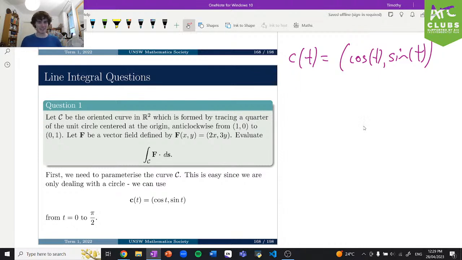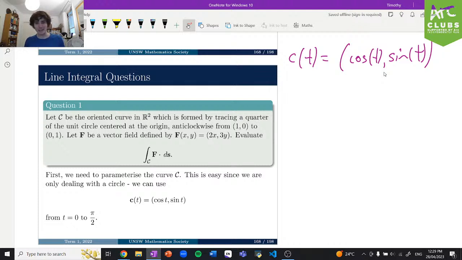If it's a straight line, you use the parameterization I gave you beforehand, with t equals 0 for your start point and t equals 1 for your end point. And of course here we chose t going from 0 to pi on 2 because that means cos goes from 1 down to 0 and sine goes from 0 up to 1.